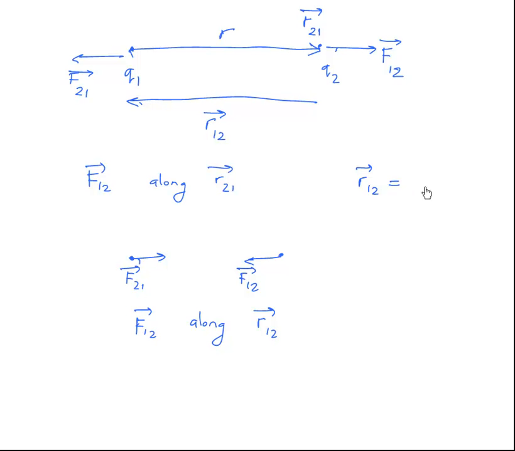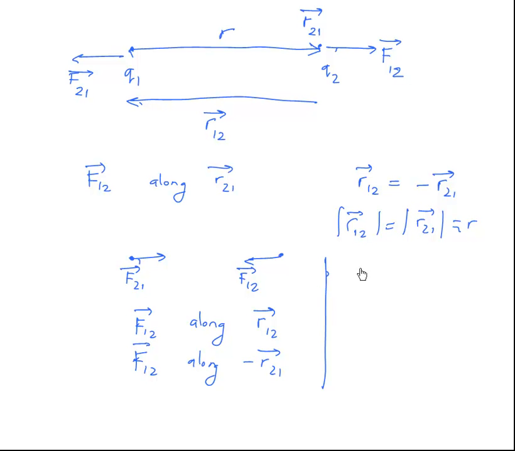R12 is simply negative of R21. They have the same magnitude, which is R, but they have opposite directions. So therefore, can I say that in this case, in the second case, F12 is directed along negative R21? This is interesting.